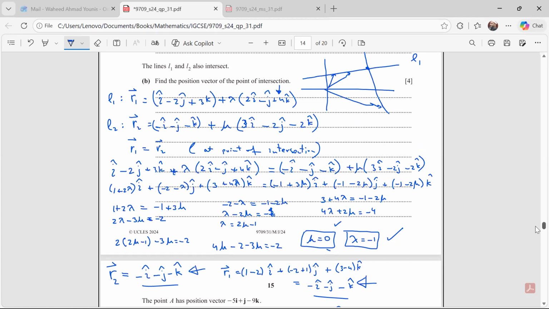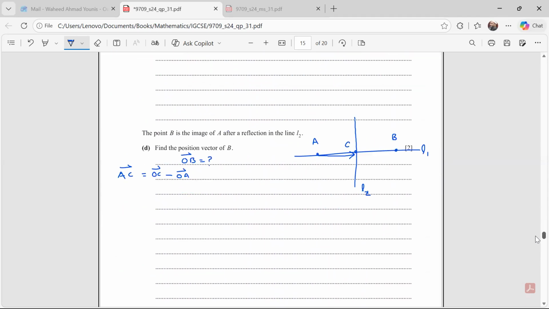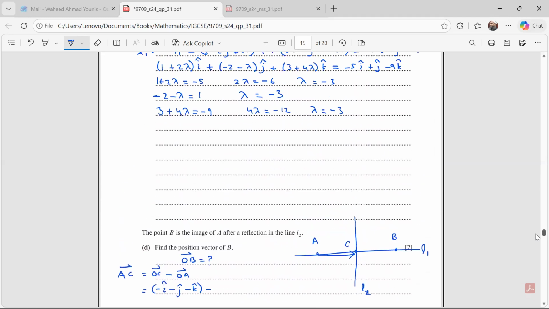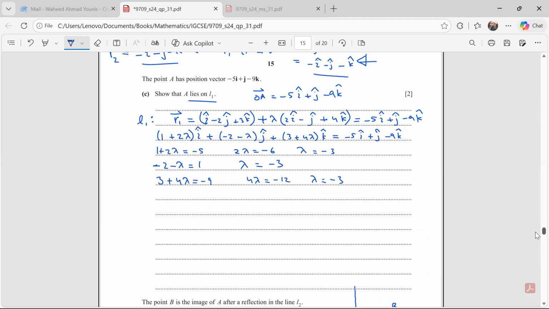So my OC vector is minus i minus j minus k. Does it make sense? The position vector of C is this one, minus OA. What was OA? Yes, this is my OA vector.